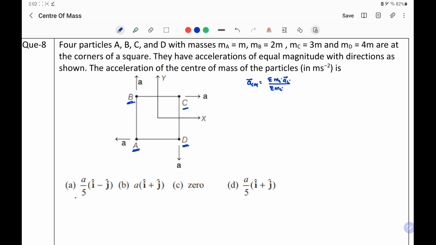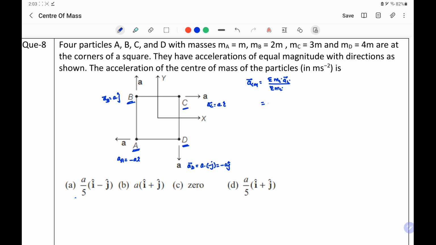If we write the acceleration in terms of the directions, we will have that acceleration of A will be equal to minus a i because it is in minus x direction. Similarly, acceleration of B will be equal to a j because it is in plus y direction. Acceleration of C will be equal to a i and acceleration of D will be equal to a into minus j, that is equal to minus a j.